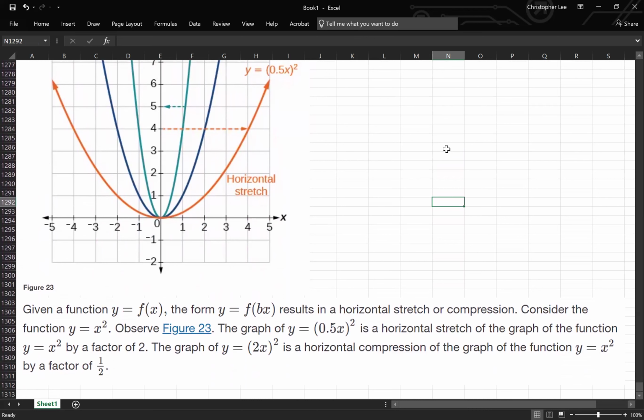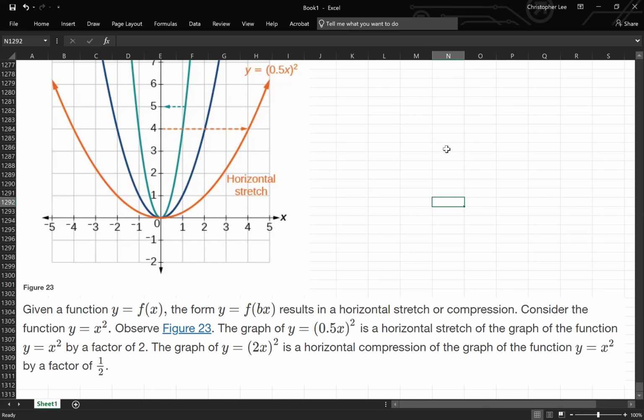All right, so given a function y equals f of x, the form y equals f of bx results in a horizontal stretch or compression. Consider the function y equals x squared. We observed from this previous picture right here, the graph of y equals 0.5x squared is a horizontal stretch of the graph of the function y equals x squared by a factor of 2.